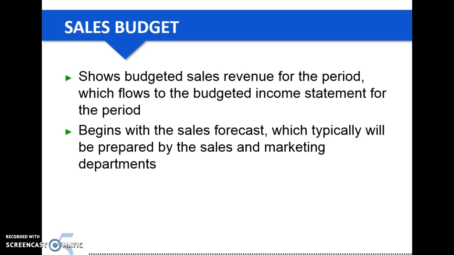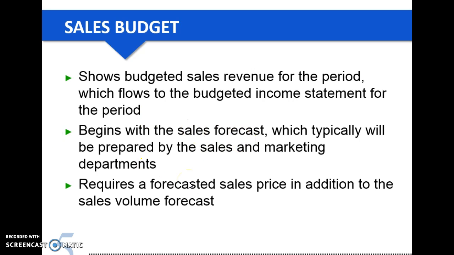So what does a sales budget start with? A sales budget first begins with the forecast sales in units. Any business organization needs to know how many units of a product it will sell in future, followed by the selling price of those products.